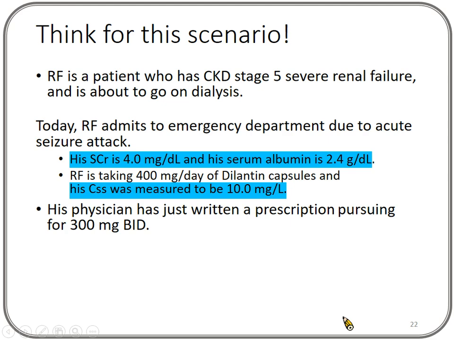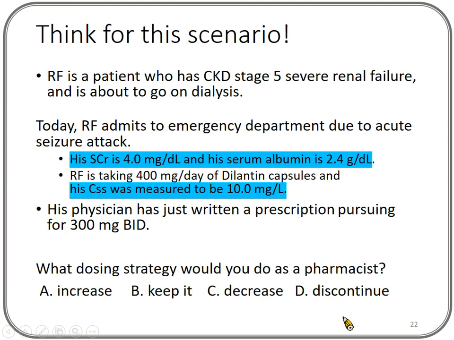And according to this total level, his physician has just written a new prescription to modify it, pursuing a higher daily dose of 300 milligram twice daily. So if you are a pharmacist or a clinical provider, what dosing strategy would you choose as the clinical person on site?